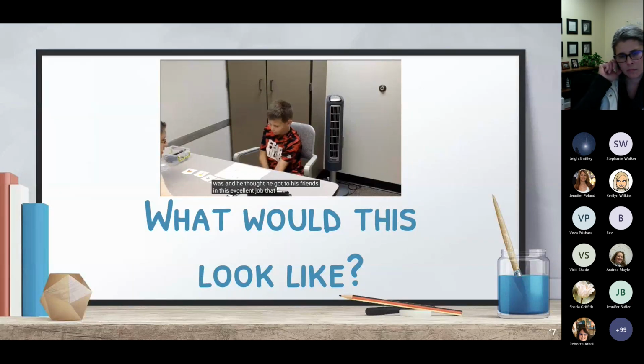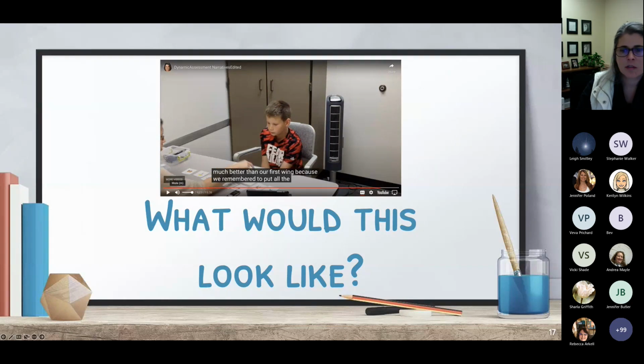Excellent job. That story was much better than our first one because we remembered to put all the parts in. If you remember his first story, we had about 3 lines, and it wasn't even really a story with an initiating event and characters. But then when we got to the last story, again, it's still not an age appropriate story, but it was a much better reflection of what kind of a narrative he's able to generate on his own.